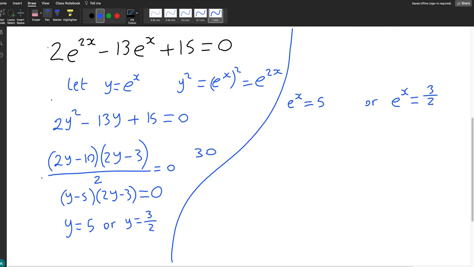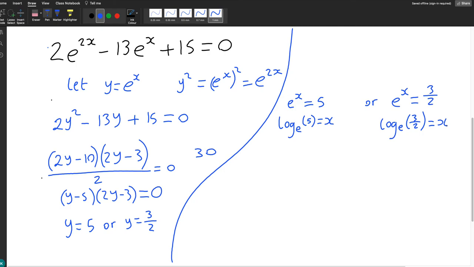For this one, if e to the x is equal to 5, that means that log to the base e of 5 is equal to x. And for the other one, log to the base e of 3 over 2 is equal to x.